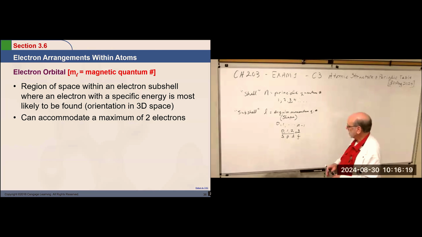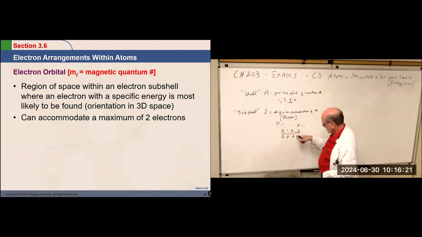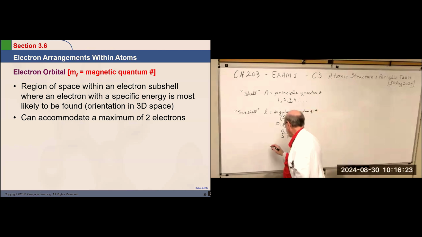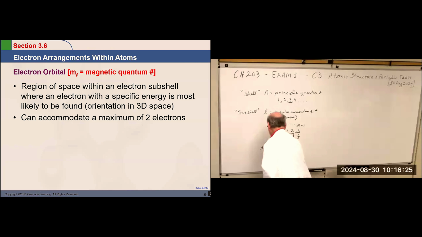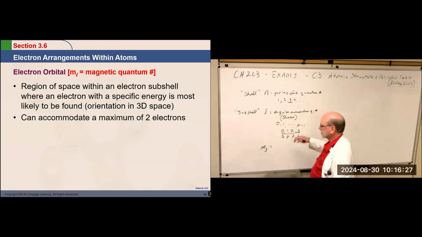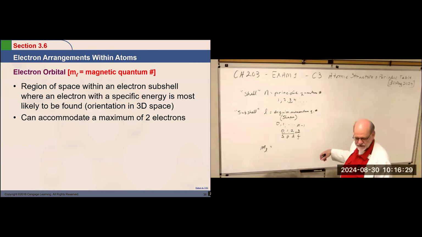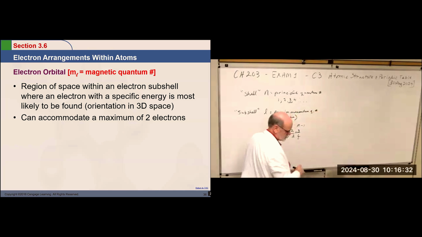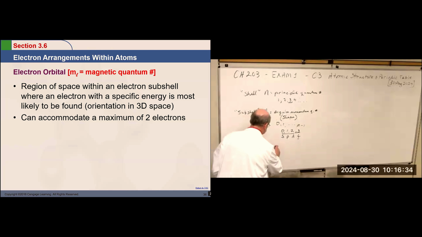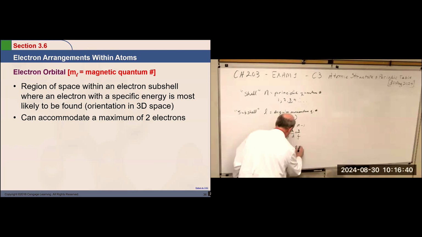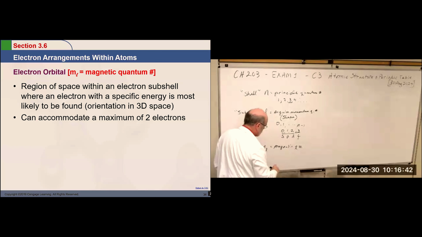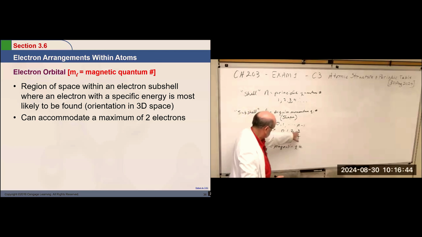The M sub L takes one of these. That's the angular momentum. This is the magnetic quantum number. It's based upon one of these.